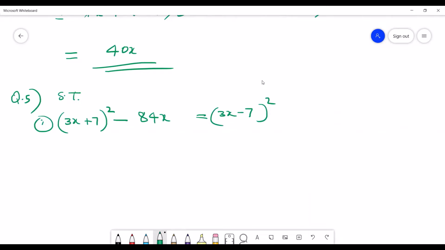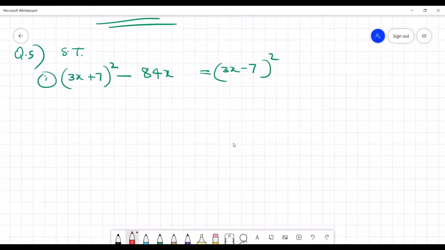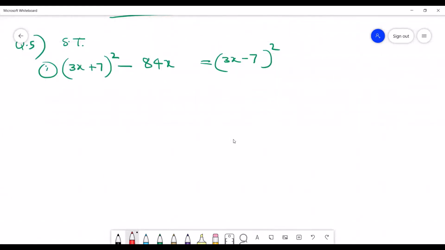So the left hand side expression is given and the right hand side expression is given. We have to show that the left hand side is equal to the right hand side. This we can compare as (a plus b) whole square, and this we can equate to (a minus b) whole square.